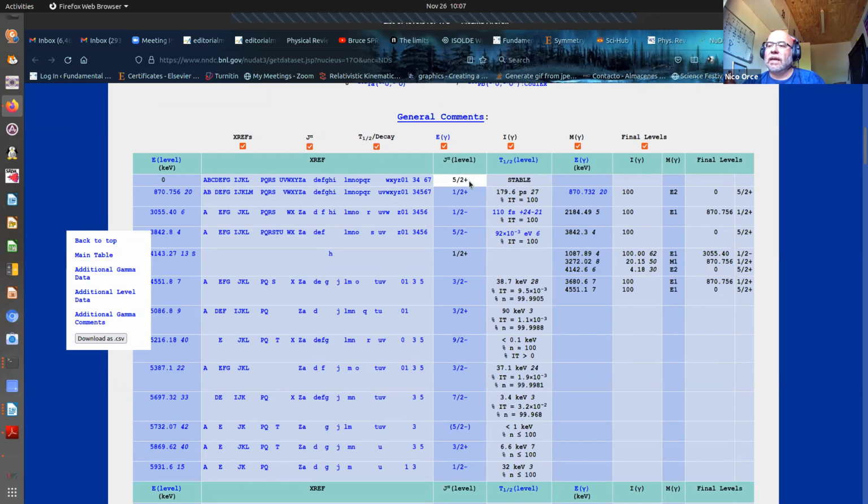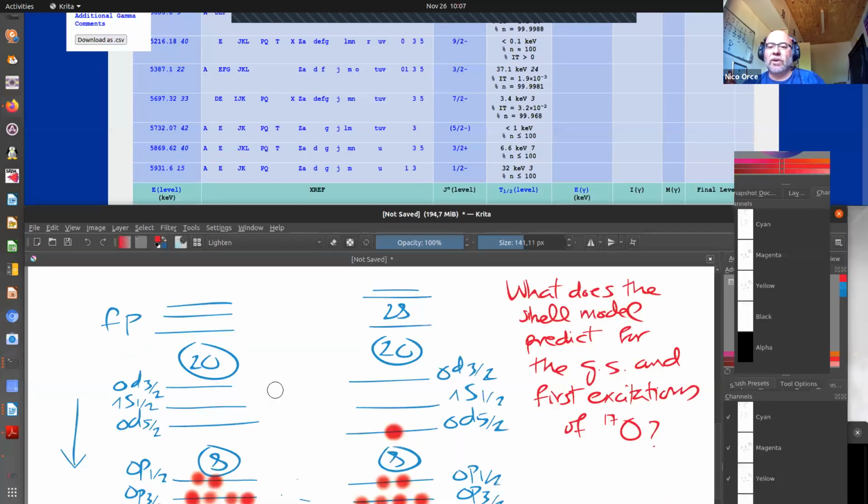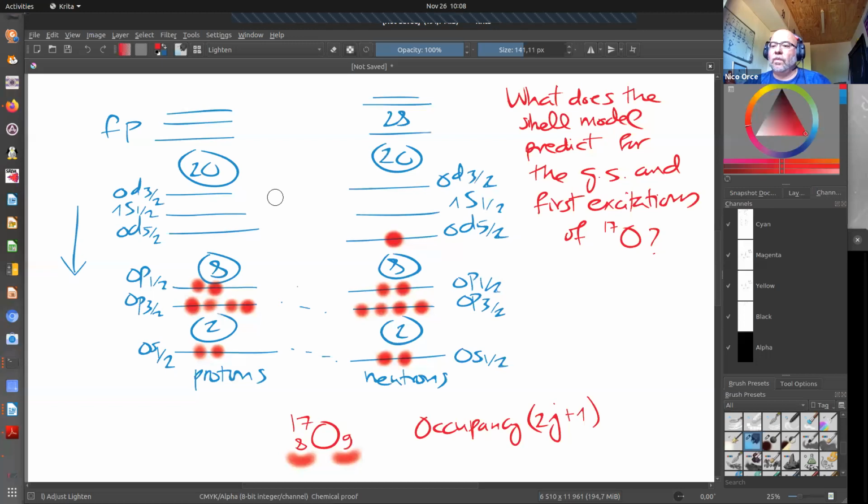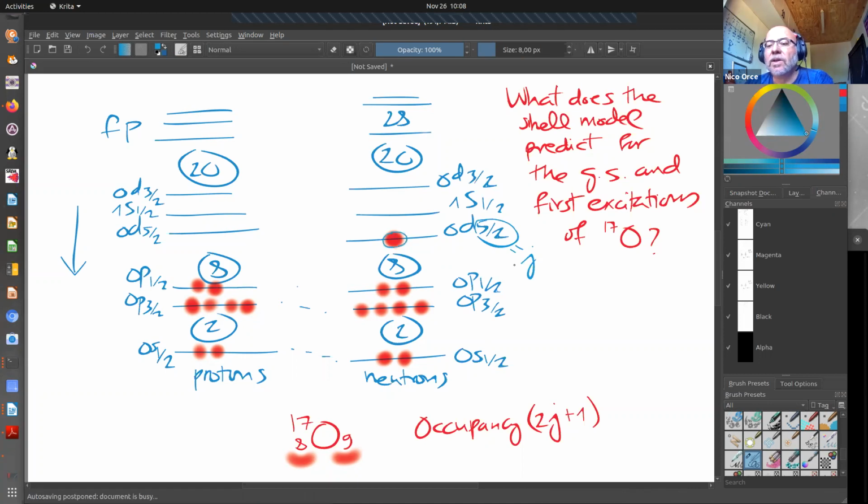So now we go and see what is happening in our shell model. This is our J, and this is the odd particle, right? So the odd particle actually gives the information about the nucleus, since all these guys couple.